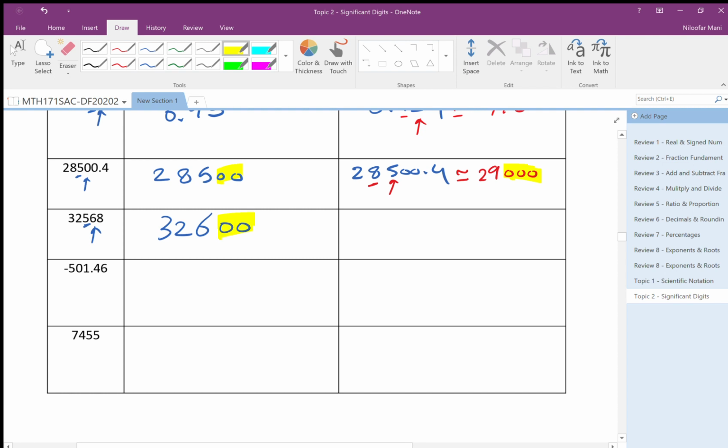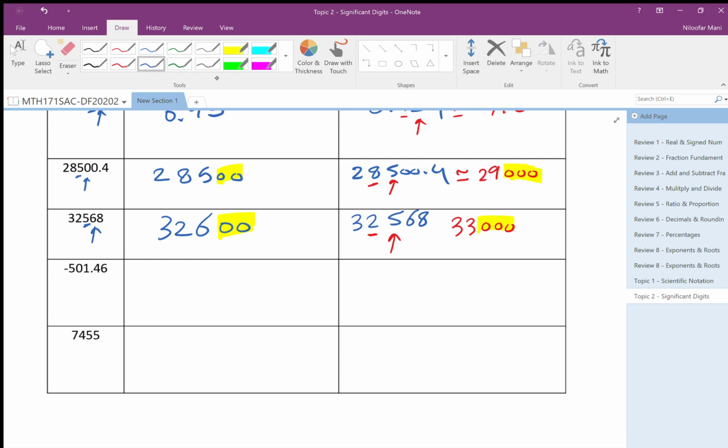Still I have to say 32,000. 32568. Okay, so the second one I underline, the next one I check, and it is 33000. Okay, these are important because they are placeholders. I have to add them.